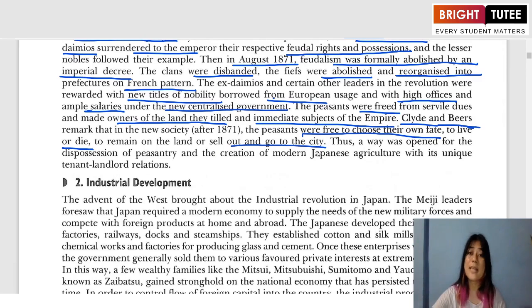That shows that the peasants, the land laborers, were free to do whatever they wished. Thus, by abolishing the feudal system, the Meiji government gave way to a modern Japanese agriculture with its unique tenant-landlord relationships. There were no longer any feudal relationships existing in Japanese society.